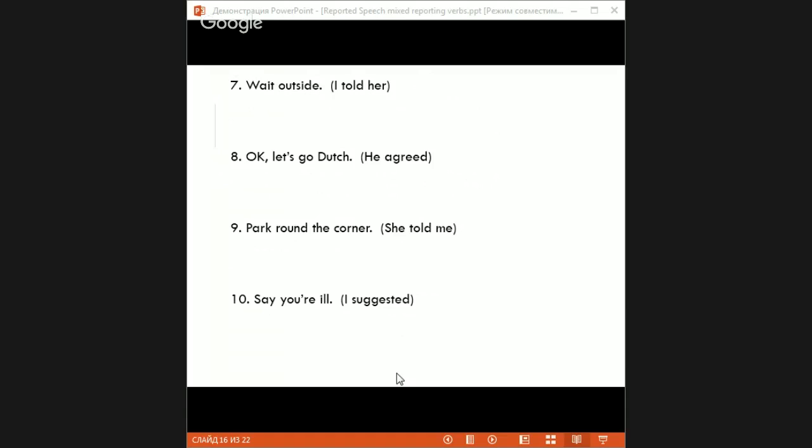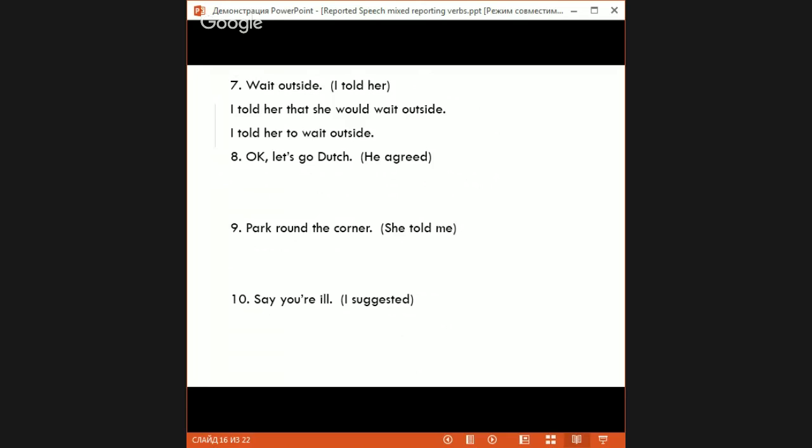Let's check. Wait outside. I told her that she would wait outside, or I told her to wait outside. I think the second option sounds better in this case.